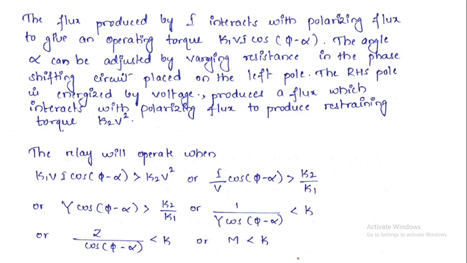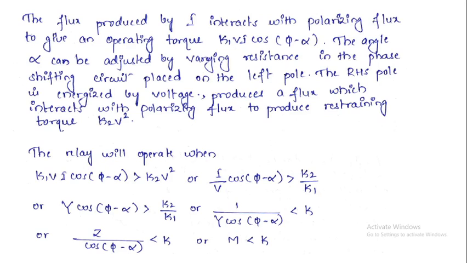The RHS pole is energized by voltage, produces a flux which interacts with the polarizing flux to produce a restraining torque K2 V square. So this is how the two torques are produced. One is produced because of the I interacting with the polarizing flux, which produces the operating torque K1 Vi cos(phi minus alpha), where this angle alpha is the angle between the two quantities, which is adjusted with the help of a phase shifting circuit.